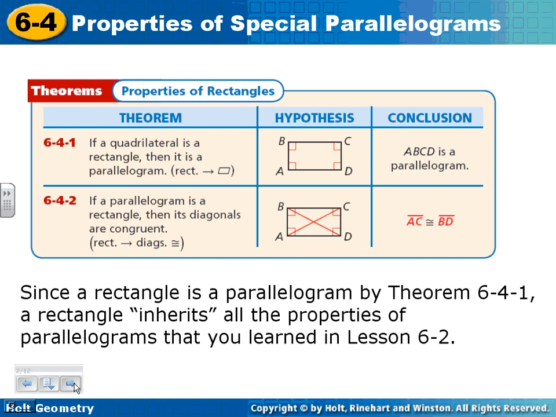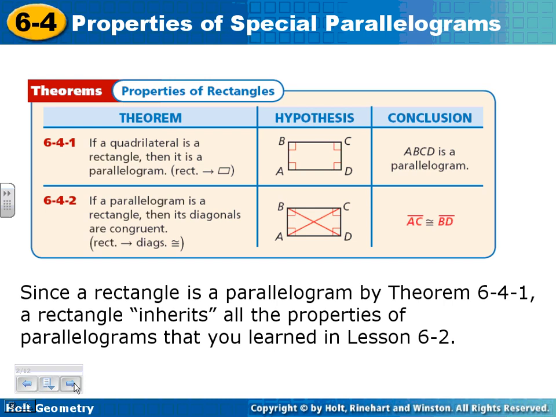of that stuff we learned about parallelograms also applies to rectangles, such as opposite sides are parallel, opposite sides are congruent, opposite angles are congruent, consecutive angles are supplementary. All of that stuff about parallelograms also applies to rectangles.